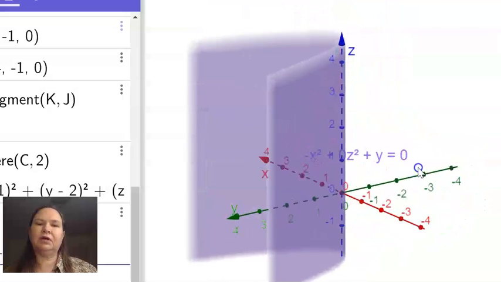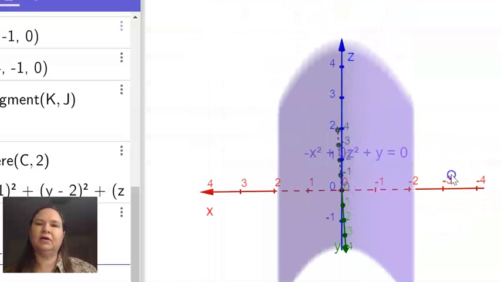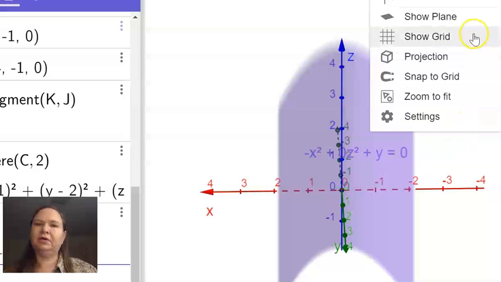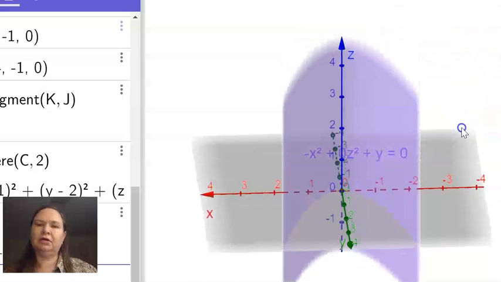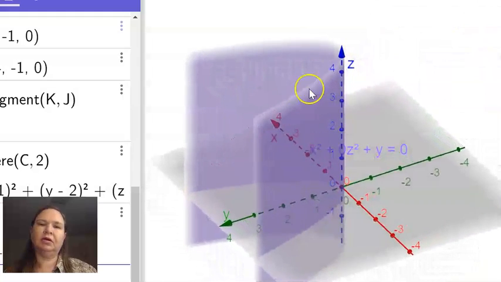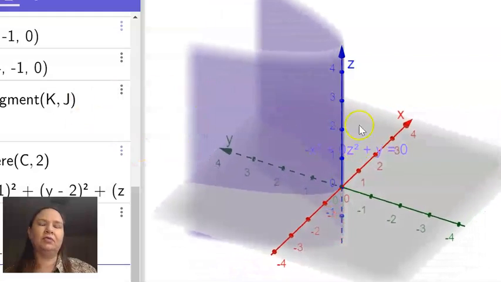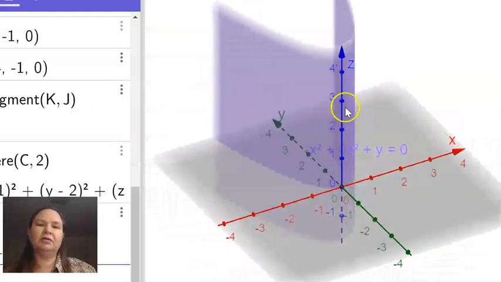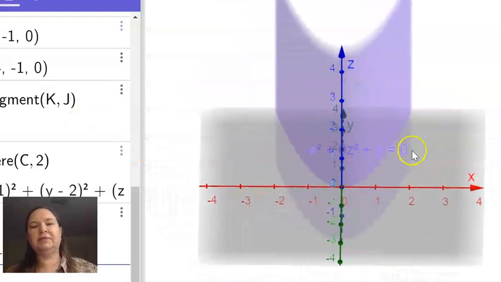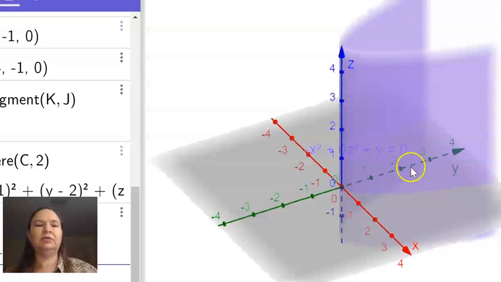I hope you can see that now that I've tipped it. So you can see that I've got that parabola. Let's show the plane. There we go. So you can see it's intersecting in that parabola, and then it goes straight up and down from the parabola. So if you come up with an equation that would be graphed as something in the xy plane, you can turn that into a 3D graph just by going straight up and down.